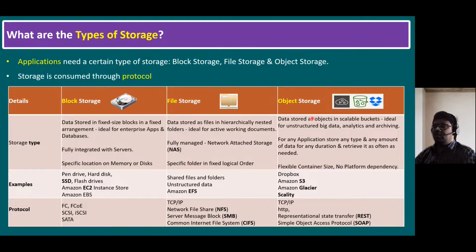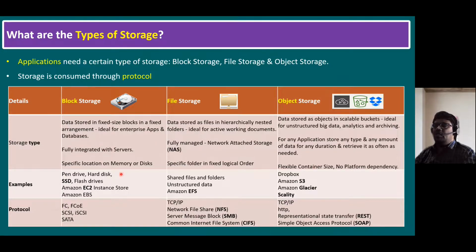And when it comes to object storage examples, we have Dropbox and Google Drive, we have Amazon S3, where S3 means Simple Storage Service, and Amazon Glacier, which is also used for archival storage. If you have past 6 months and past 1 year data, we need not save it in block storage; it is better to store it in object storage.